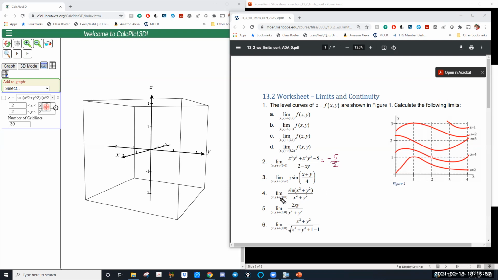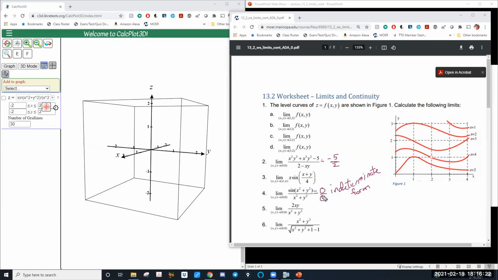So let's talk about number 4, where if we plug in 0, 0, notice what happens. We get sine of 0, which is 0, over 0. If you remember from Calc 1, this is what we call an indeterminate form. That means it may or may not exist.